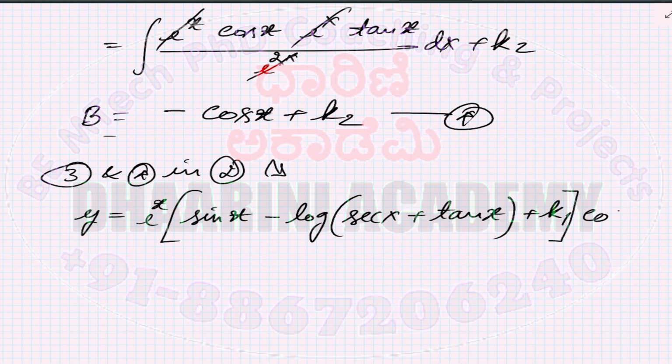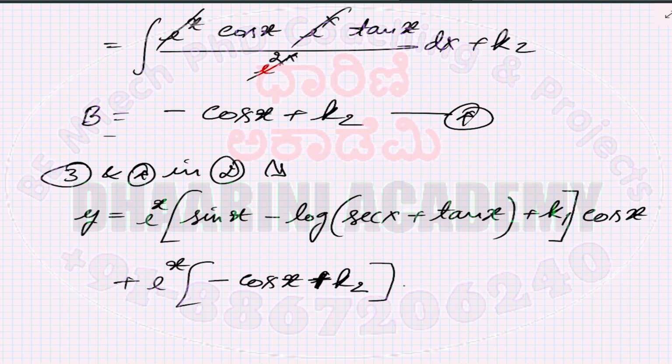This into the cos x, plus another, I'll split the e to the x now, otherwise I should use a bigger bracket. So this is into now minus cos x plus k2 times the sin x. So e to the x, A cos x, e to the x, B sin x is the final answer.